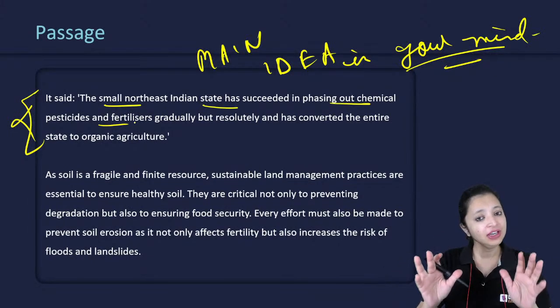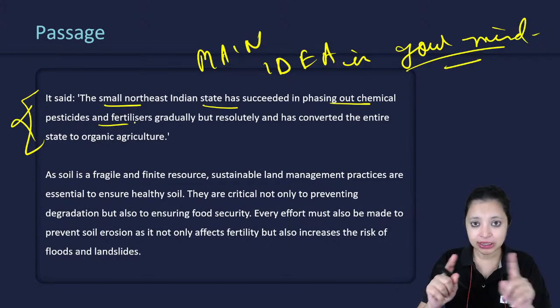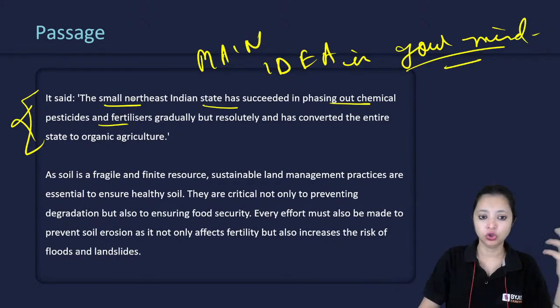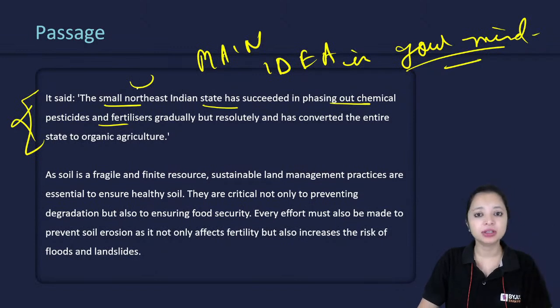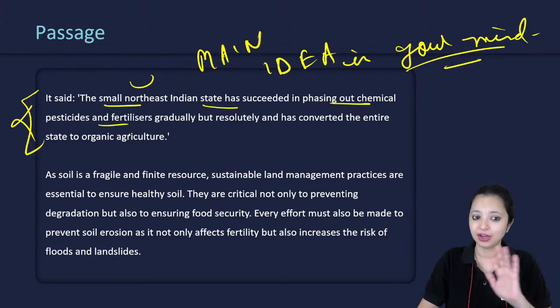Even if I don't pay attention to this part, does it alter my main idea? It doesn't. Northeastern states did that, maybe some other states did that. It's a suggestion coming from the author, which we have already highlighted in the penultimate page. We just need to remember the suggestion. It's an explanation, a justification of the fact that his suggestion is correct. Not needed, absolutely not needed.